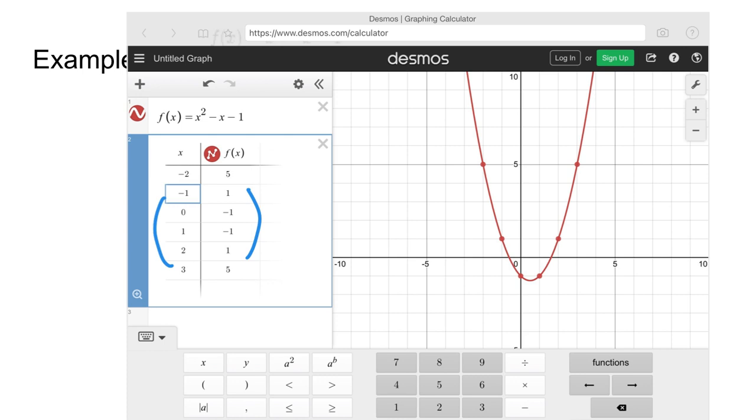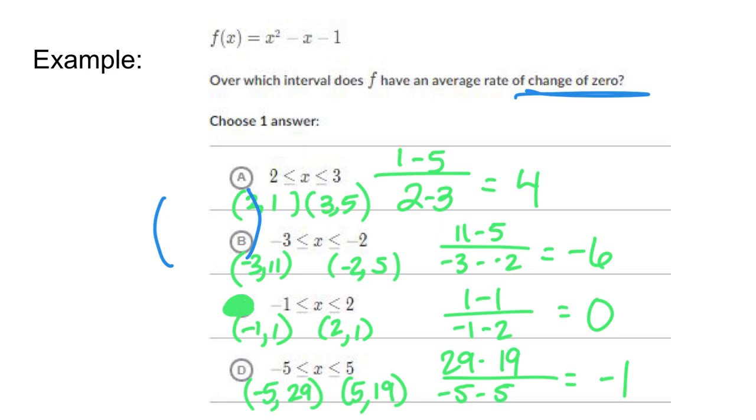That's where we can see our rate of change of 0. So without even having to do all the rate of change calculation, we can come up with an answer just by looking at how the change actually happens. It doesn't change, so it has a rate of change of 0. Just an option for you there, if you didn't want to have to do all these slope formulas over and over again. All right, let's keep going.